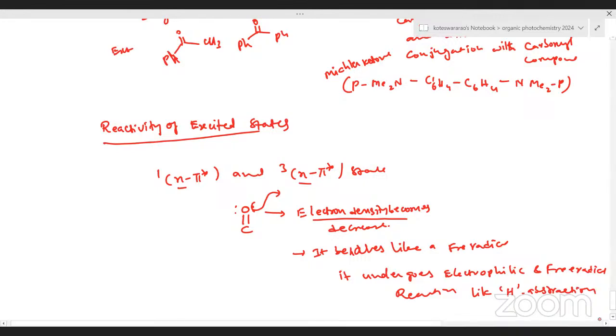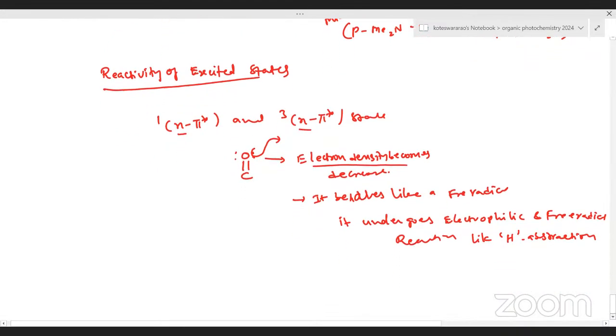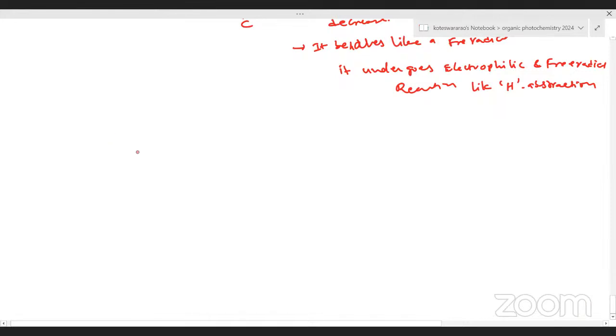And the next kind of excited state is where only π bonds are there. No n electrons are there. Only π bonds are there. In such a case, the π-π* singlet excited state and π-π* triplet state. What's happening?